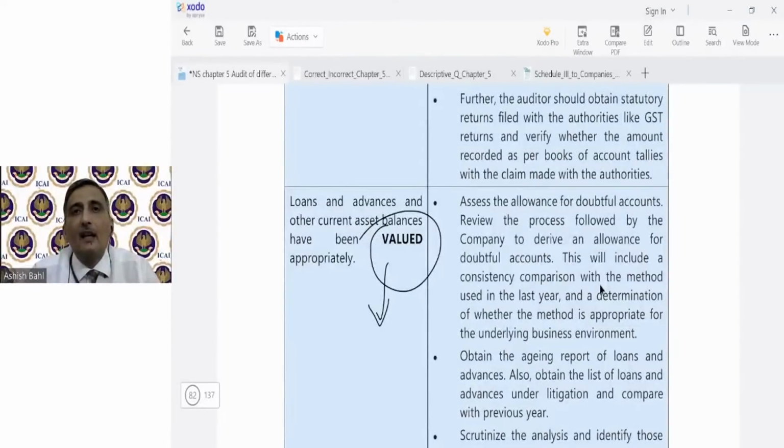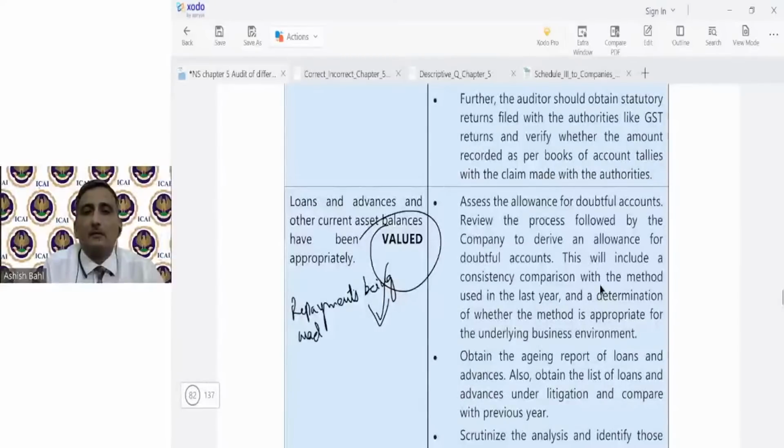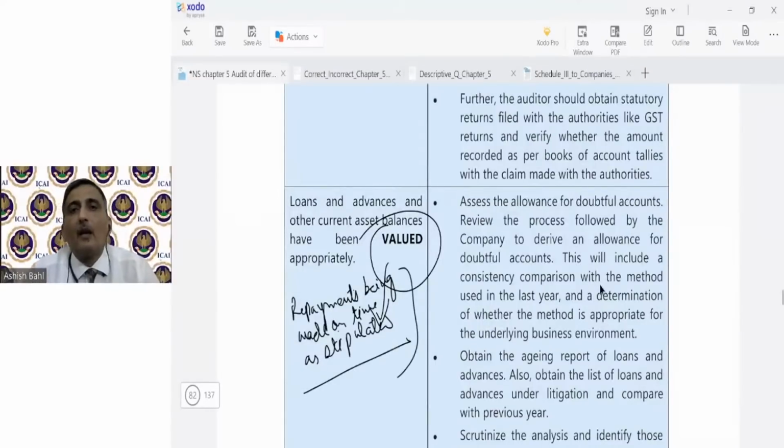Now, for this, obviously, you would have to see whether all the loans which are reflected in the financial statements of the company are recoverable, whether the repayments are being made on time, and what allowance for doubtful accounts has been made.